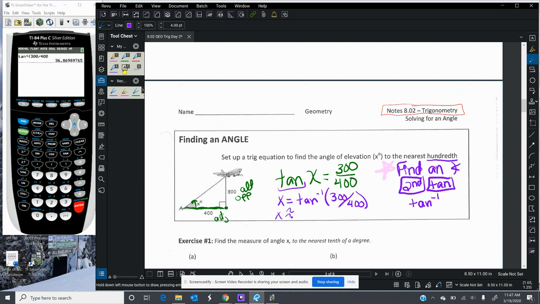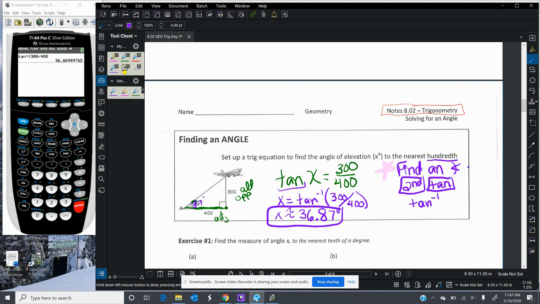X is approximately 36.87 degrees. That 6 in our calculator does round up to a 7 for the hundredths place. So that angle measure, going back to our diagram, is about 37 degrees, which makes sense in our picture. It's definitely smaller than 90, so that's an acute angle.